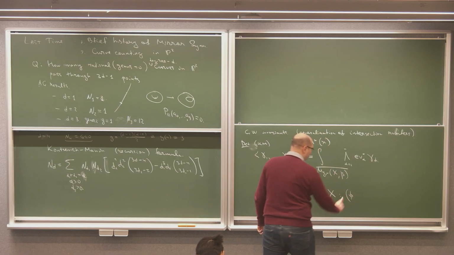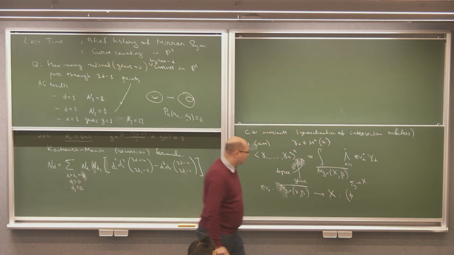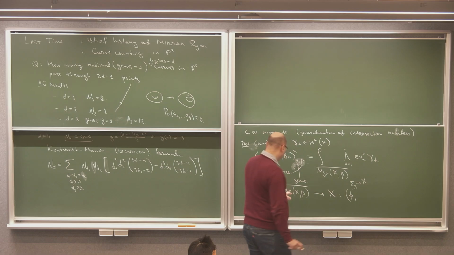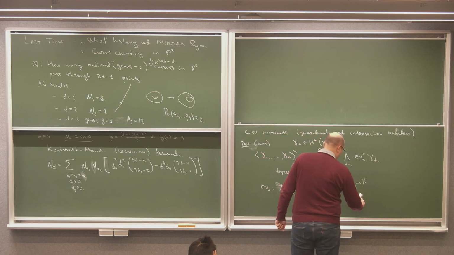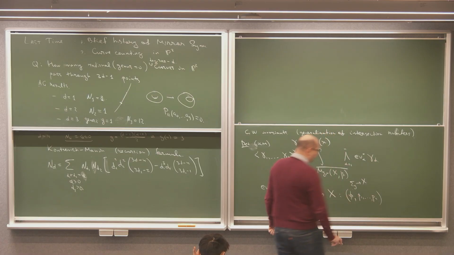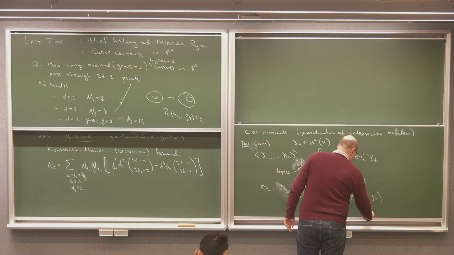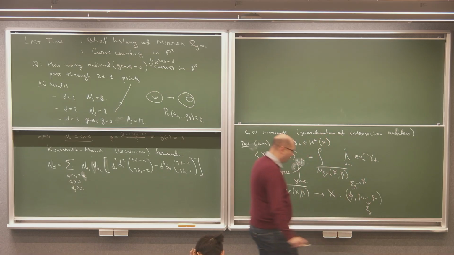So we have a map phi from our curve of genus g to X. And then we have the location of points, or marked points P1 to Pn. So they are points from our curve.